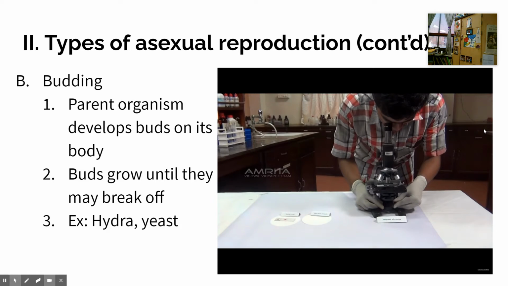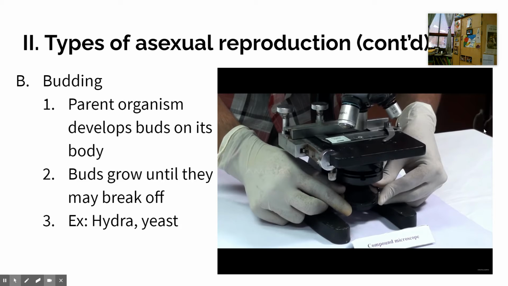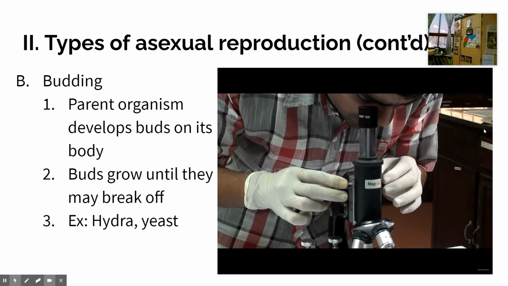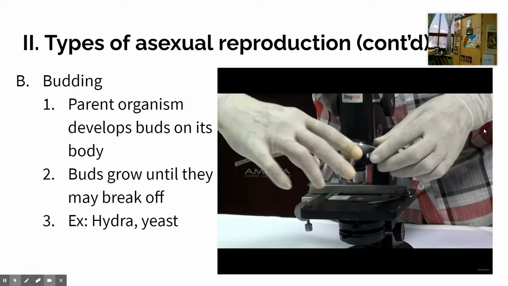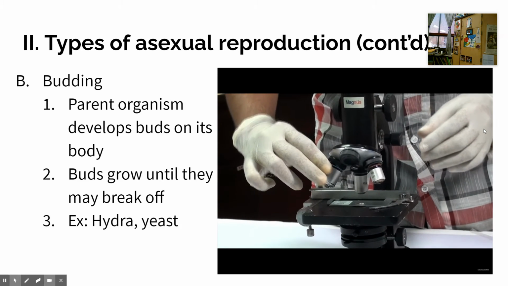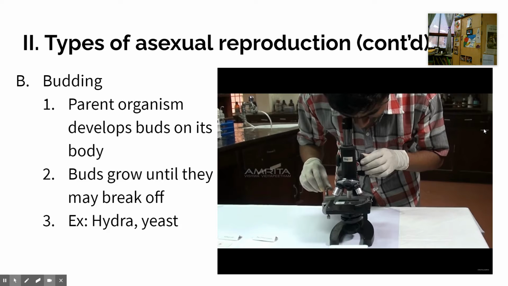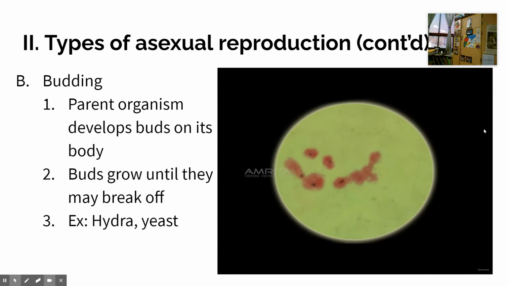Adjust the mirror of the microscope carefully until the image you see has the maximum clarity. Focus the slide under the microscope's lens carefully, first under low power and then under high power. Observe the different phases of binary fission in the amoeba through the lens of the compound microscope.